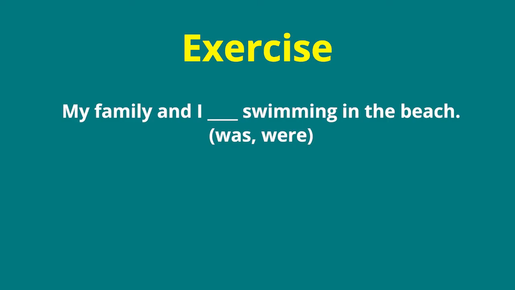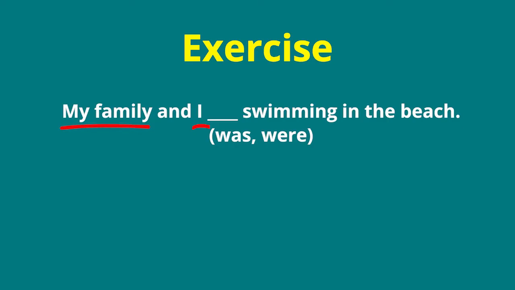Boys and girls, what kind of subject are you seeing in this sentence and why? Definitely, we are seeing a compound subject because we have my family and we have the word I being joined together by the word and.